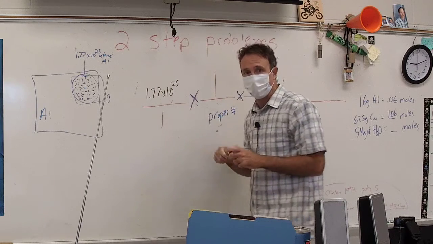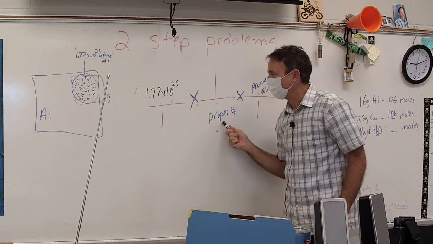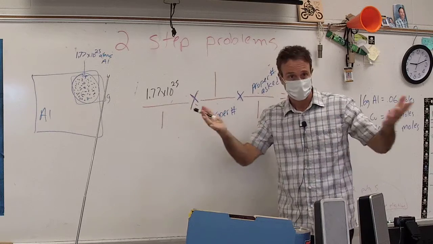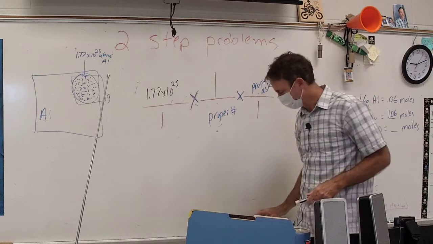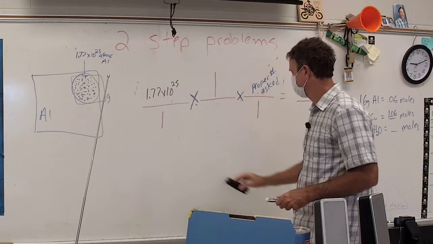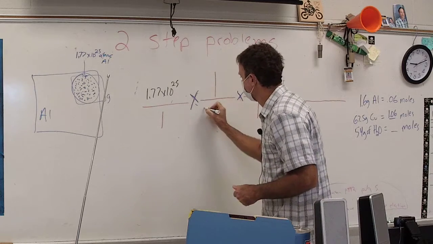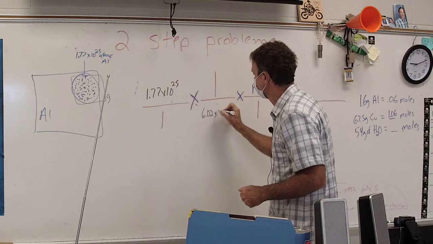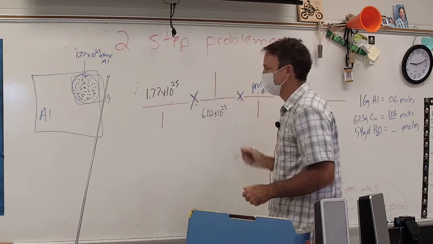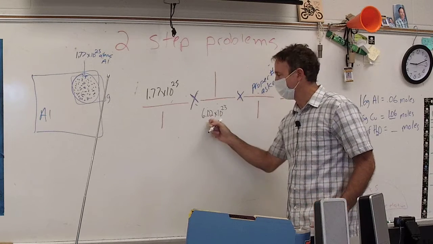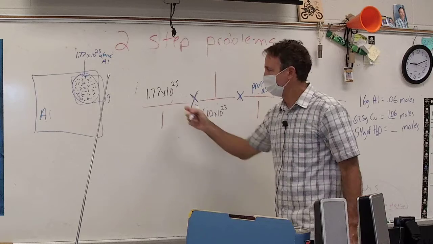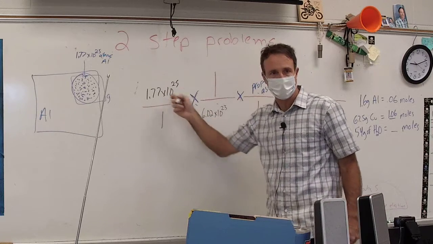All right? What is the proper number for atoms, everybody? 6.02 times 10 to the 23rd. We have to make sure that these first two numbers look the same. You can't put grams here because you're done. These two numbers have to be similar units, right?